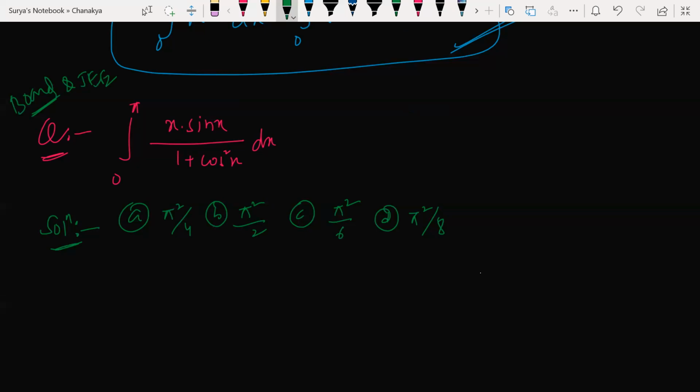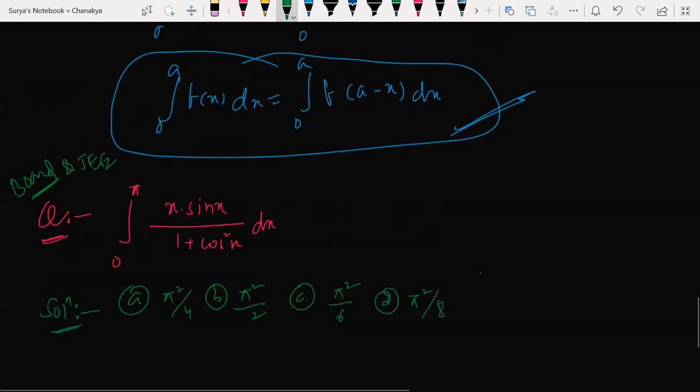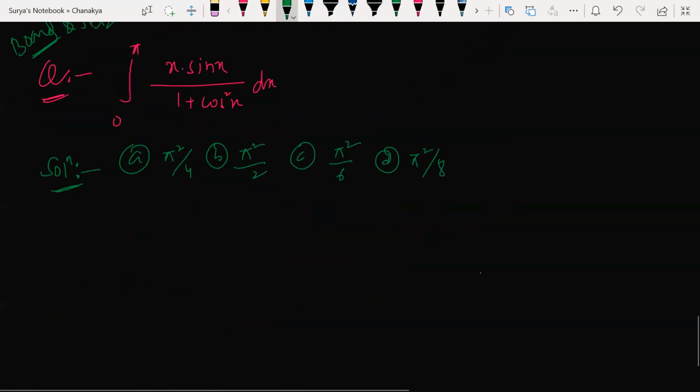Quite simple question. The 0 to a property. What was that? The integral from 0 to a of f(x) dx is equal to the integral from 0 to a of f(a minus x) dx, right? So the value of a is pi here.